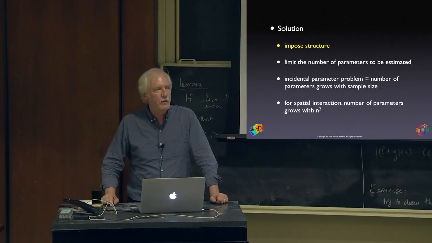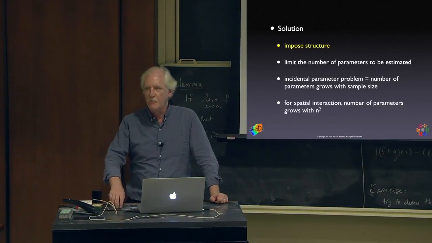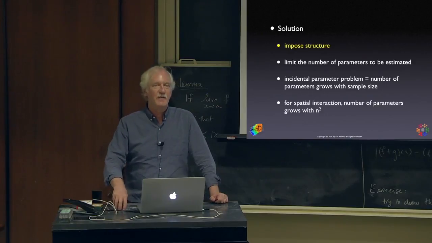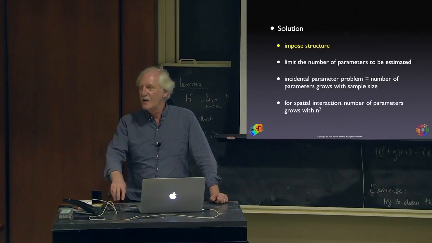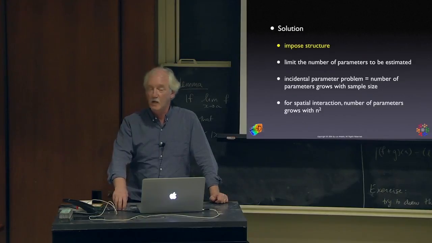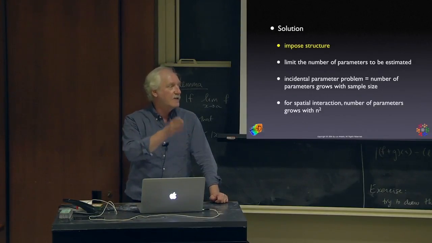Another instance, for those of you who've taken econometrics or multivariate regression, you may be familiar with the concept of heteroskedasticity, my favorite word. It's where the variance of the error term is not constant. In other words, each observation has its own variance.